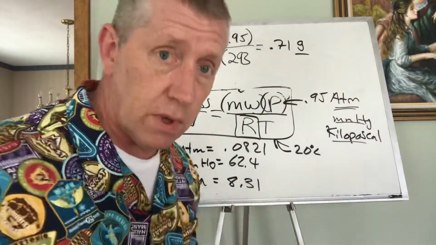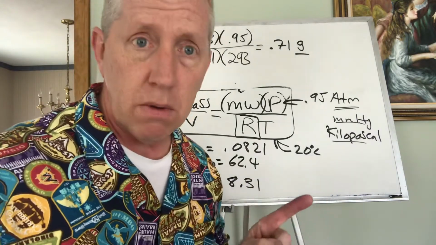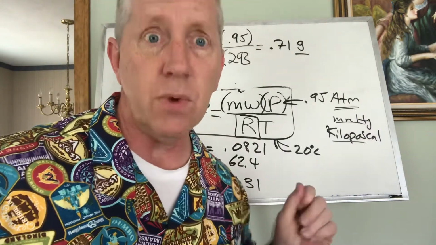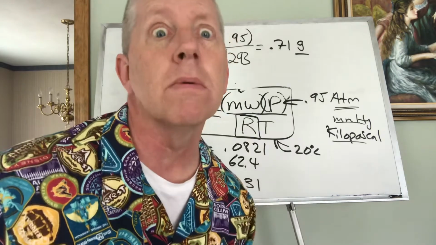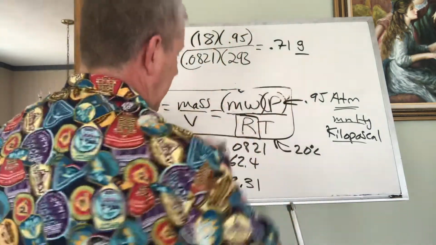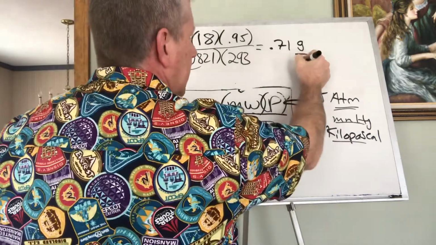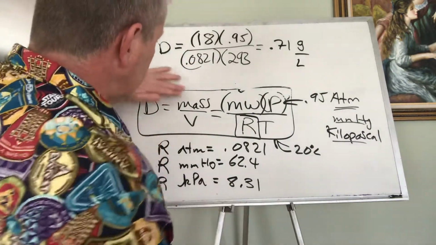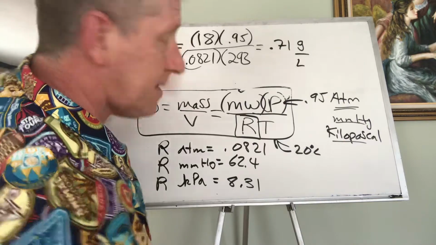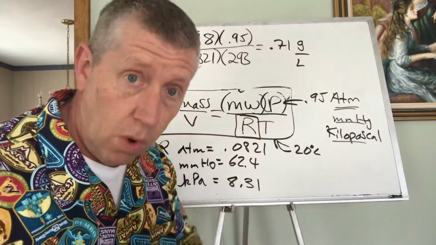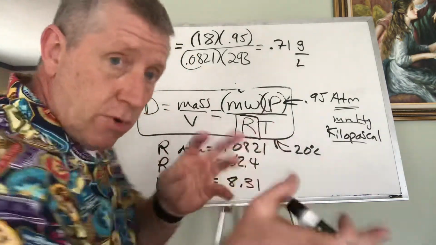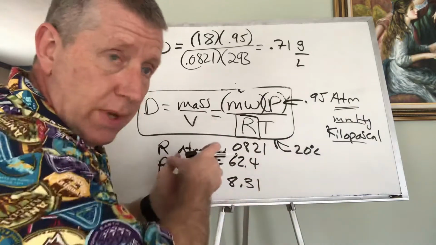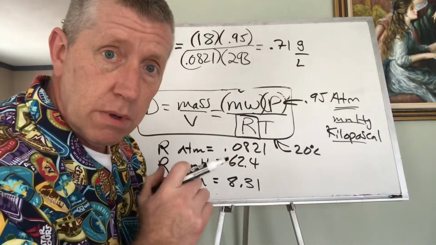If you don't have liters, go to your grocery store, go to the soda pop aisle. You'll find some liters. So you will get grams per liter. This mass was at 18 grams per mole. So the gram sticks around for my mass unit, so it'd be grams per liter.